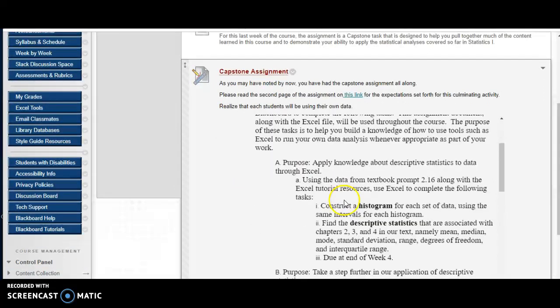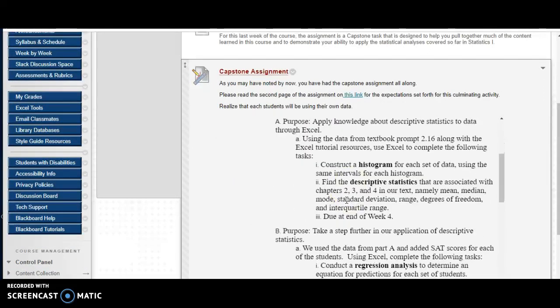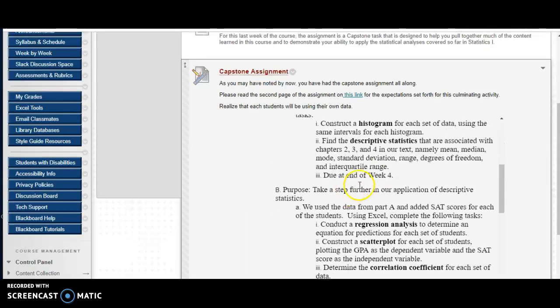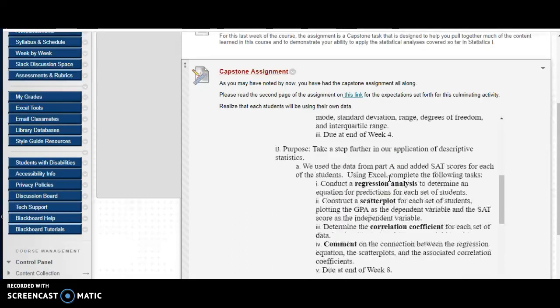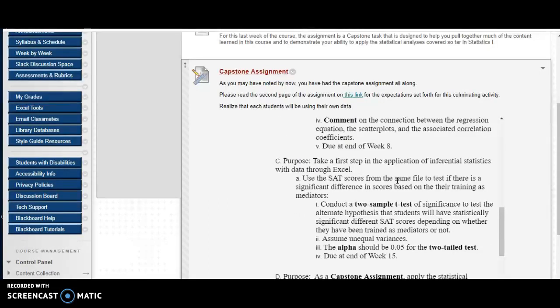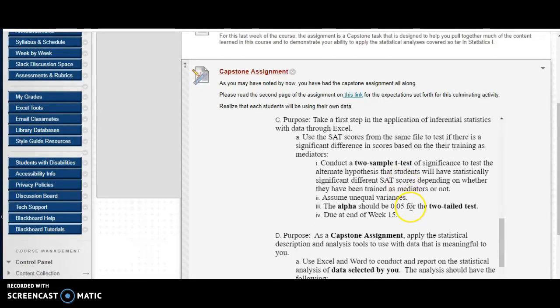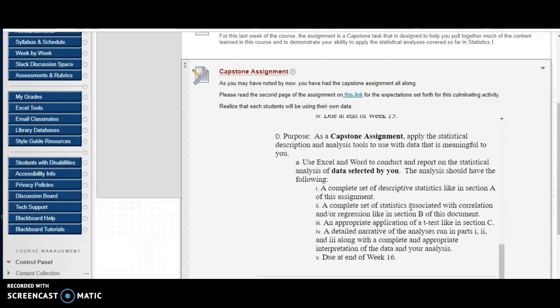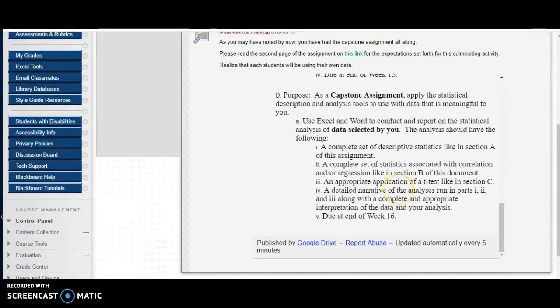And just like the Excel activities, we've been building it throughout the year. In week 4, we had one activity due. Week 8, we had another. And in week 12, we're going to have one more. I'm sorry, week 15. And then this capstone assignment is really based, instead of data that I provide, it's going to be data that you provide.